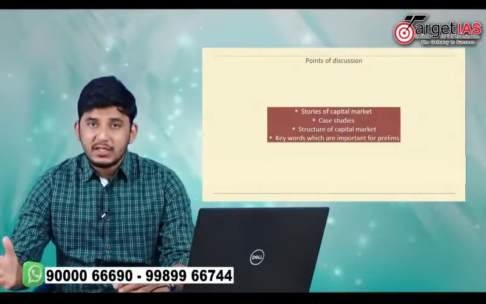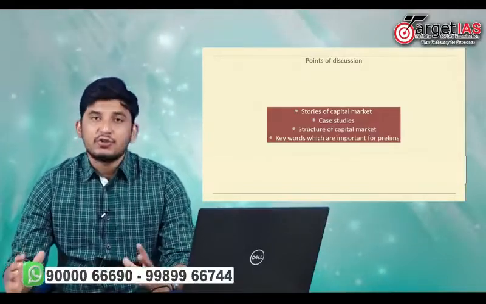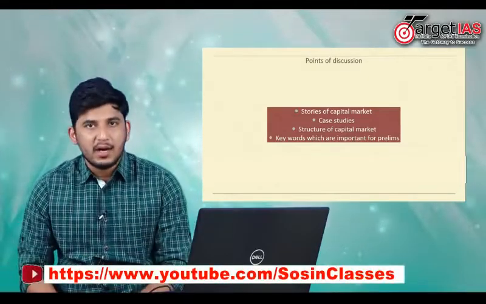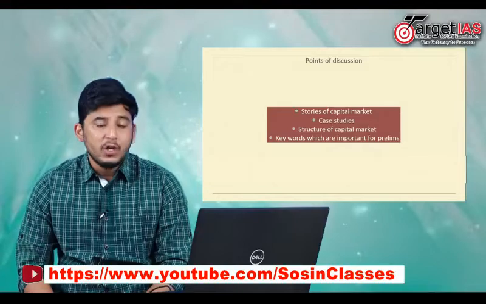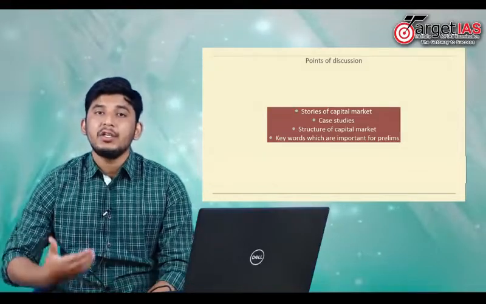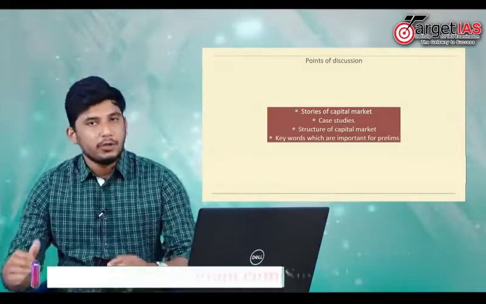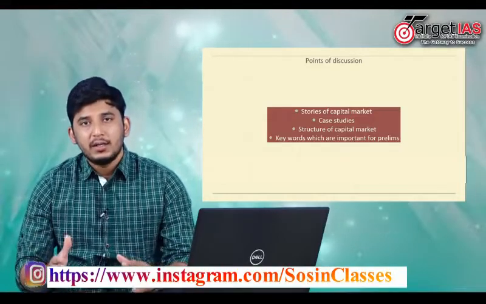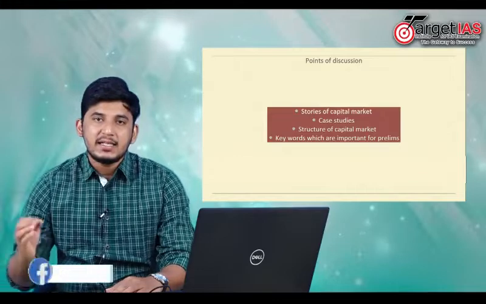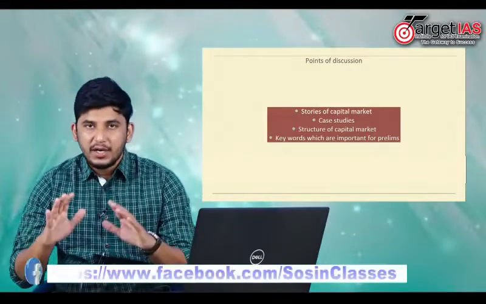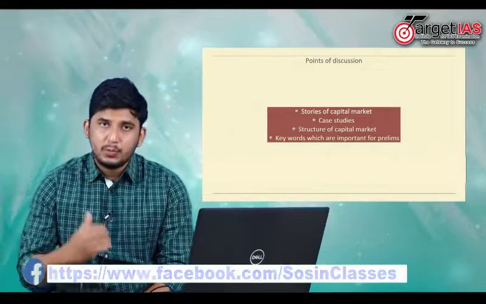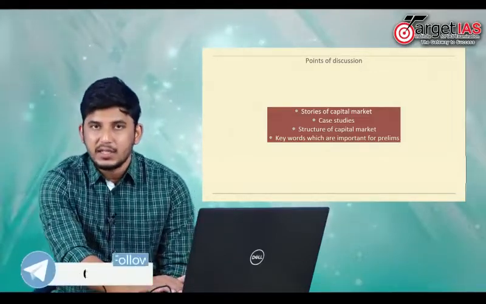We will understand with some case studies the structure of capital market, what is called primary market and what is called secondary market. And we also understand the key terminologies which are important for UPSC. Economics is important for UPSC in understanding the terminologies mentioned in the economic subject. That is where we are going to focus in the second part of the discussion.